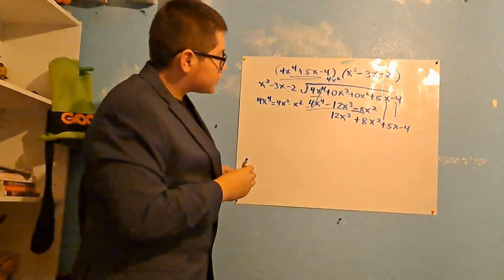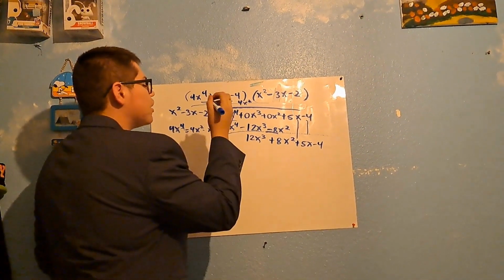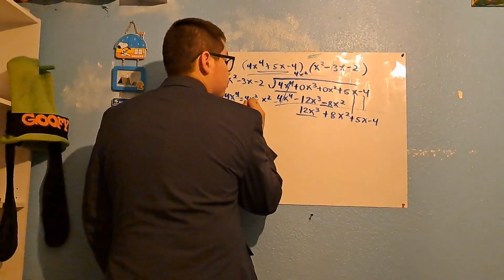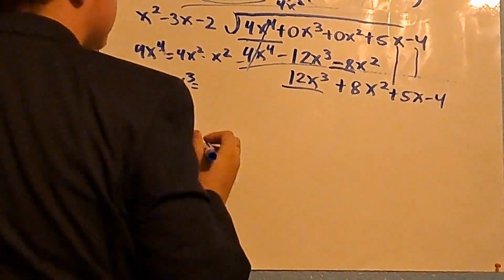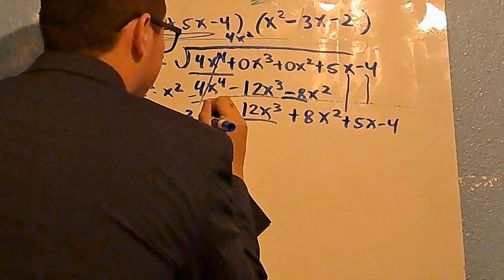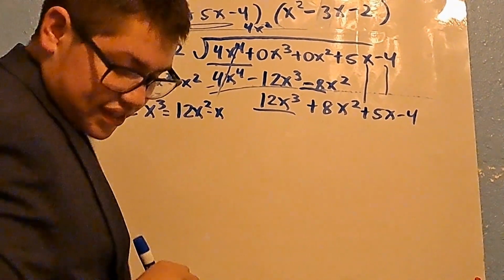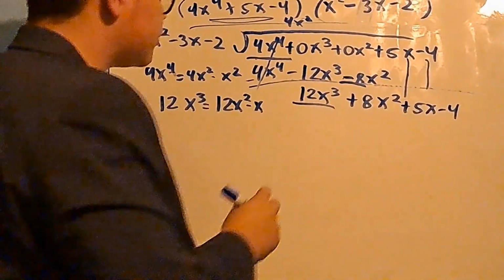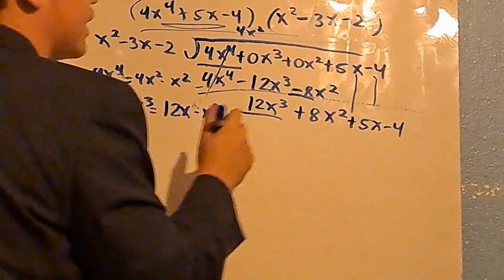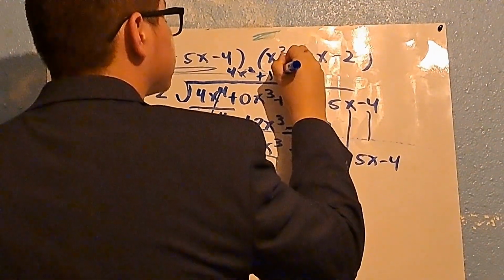So now we're going into this. Exactly what we did here, we would have to do here. So it would be 12x cubed. Now, it would have to be a mixture of 12x squared plus x times x. So it would be plus 12x.